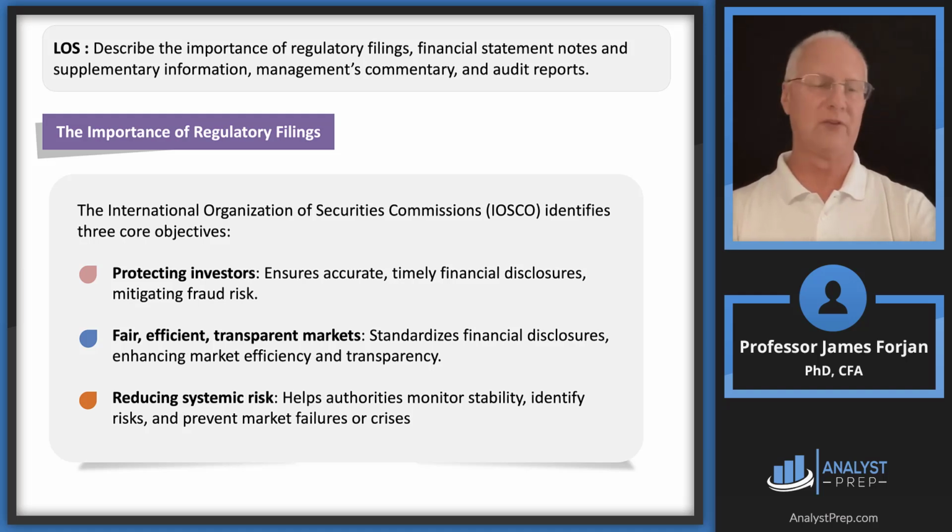And so this is a great exam question. 3 core objectives: protecting investors, fair, efficient, and transparent markets. Boy, there's a word I used early on, right? Transparent. And then reducing systemic risk. And what this third core objective is to make certain that when there are risks inherent in the market that are going to increase the probability of a major event.